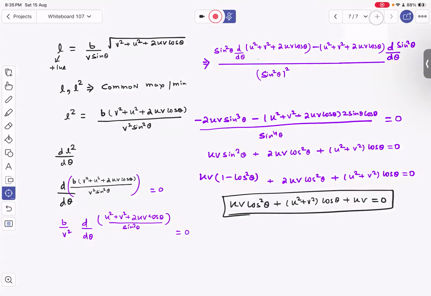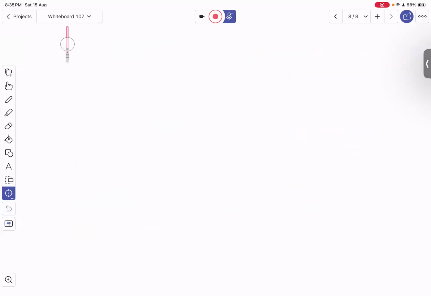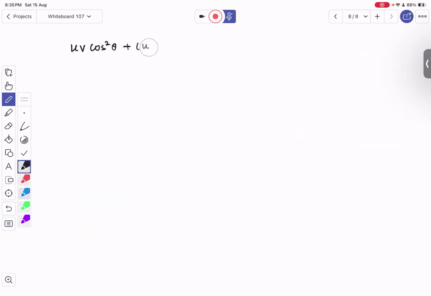So the equation that we got, if you check closely, is really quadratic in cos: uv cos square theta plus u square plus v square into cos theta plus uv is equal to 0. So compare it with ax square plus bx plus c.